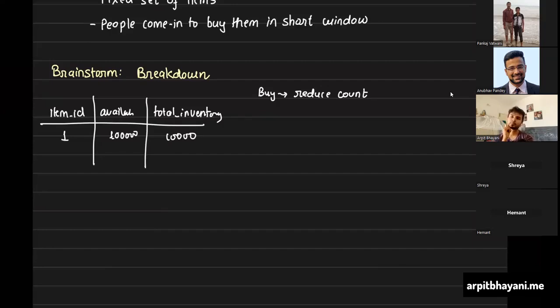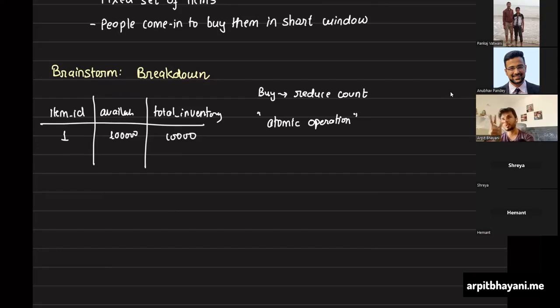Now, let's say we have API servers which receive this request of buy this item ID, and then we also receive the user ID. So the main problem in flash sales is that we want that atomic operation on that count. Perfect. So you have transactions to do that. Can you elaborate more on atomic operation?